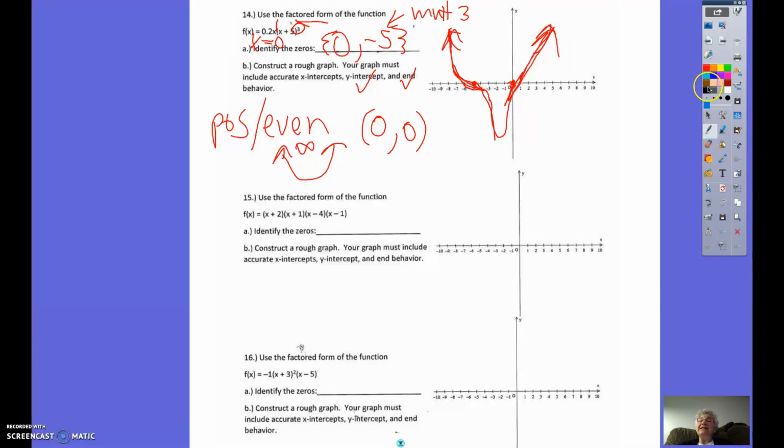You have your x-intercepts, which are negative 5 and 0. You have your end behavior both facing up like an even parabola. And then you have your y-intercept. And for the multiplicity of 3, you have your head towards the x-intercept, flattening and continuing down.